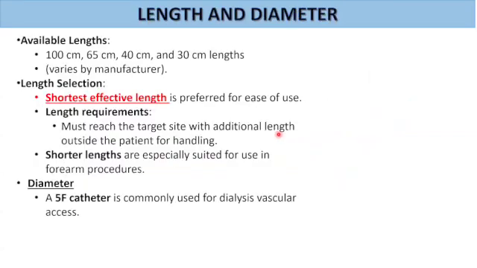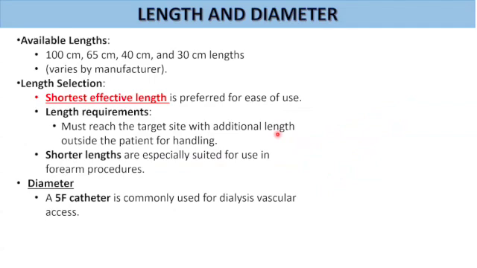These are available in various lengths from 30 centimeter to 100 centimeter. Most commonly used catheters for our procedures are from 65 to 100 centimeters. Unless you are coming from a femoral and you are accessing a brachiocephalic fistula, you may require catheter lengths as long as 125 centimeter.